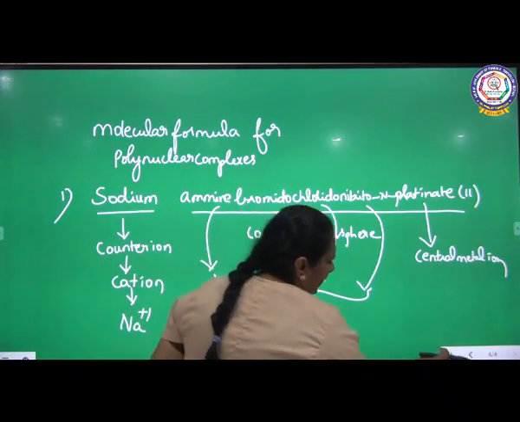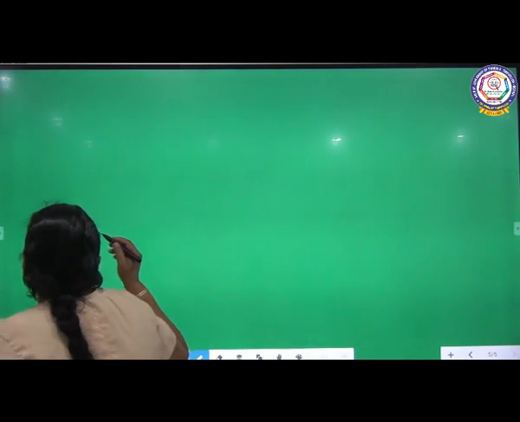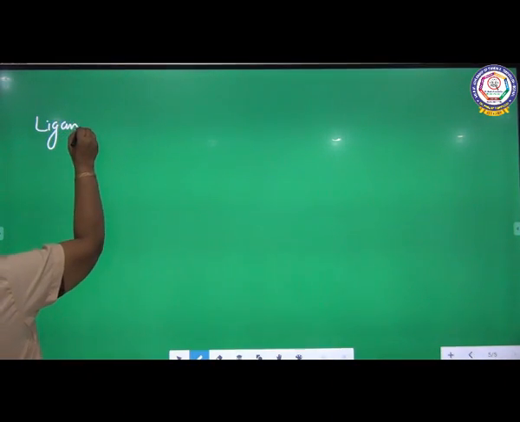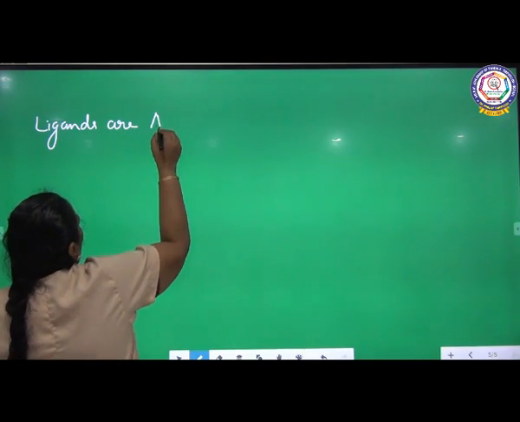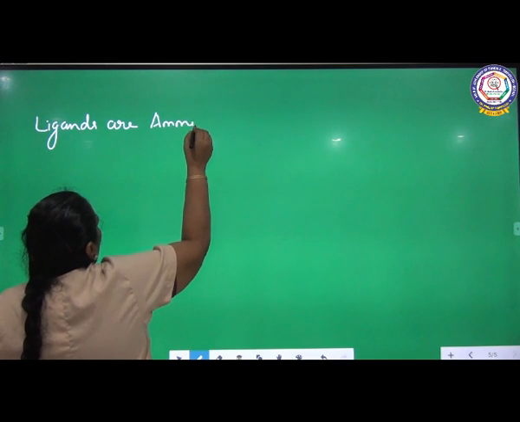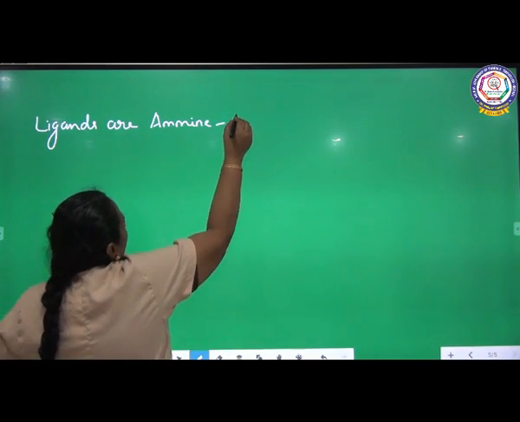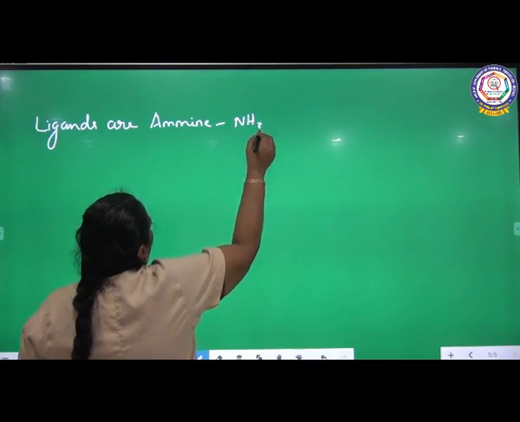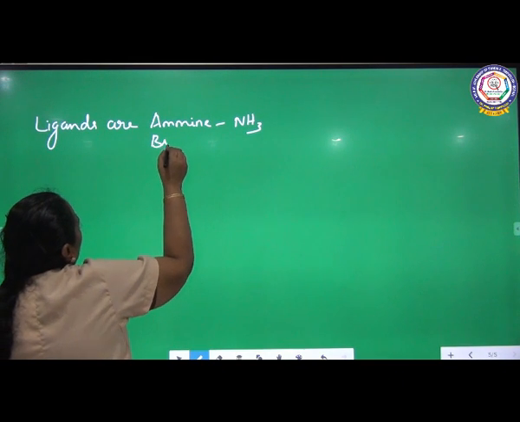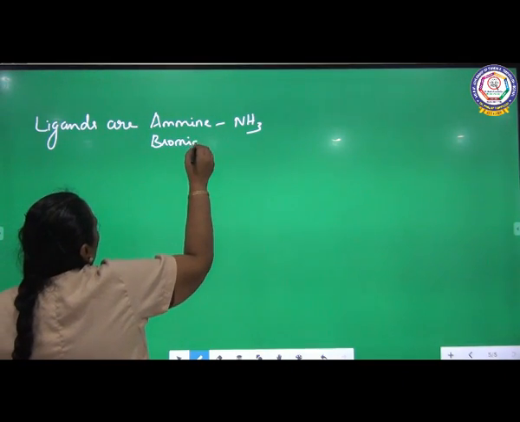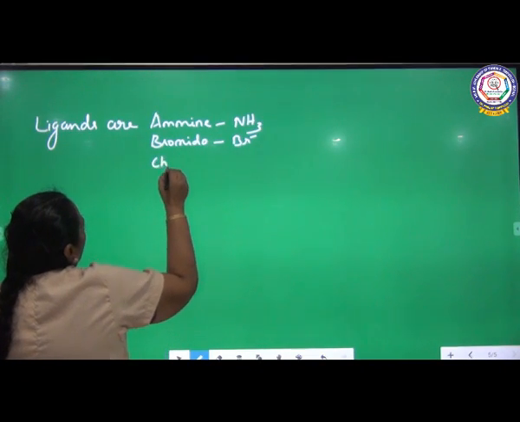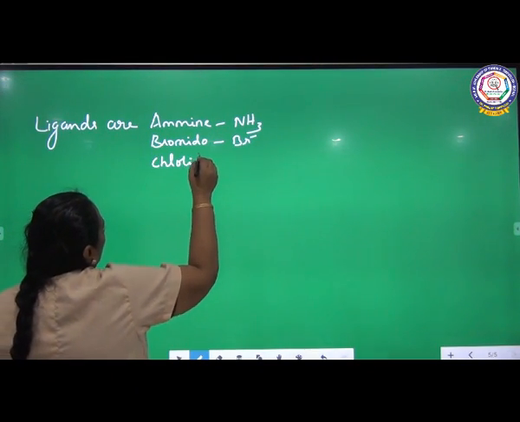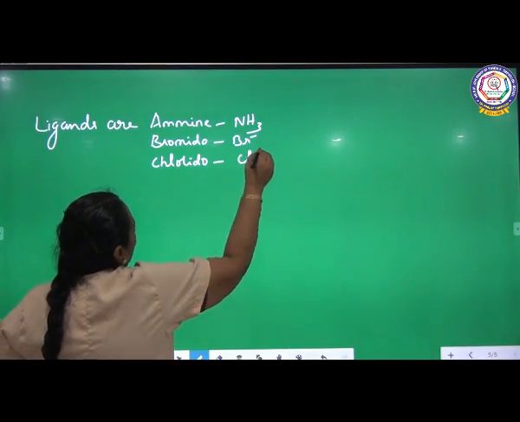We are going to arrange the ligands alphabetically. For amine, it is NH3. For bromido, Br minus. Chlorido, Cl minus.